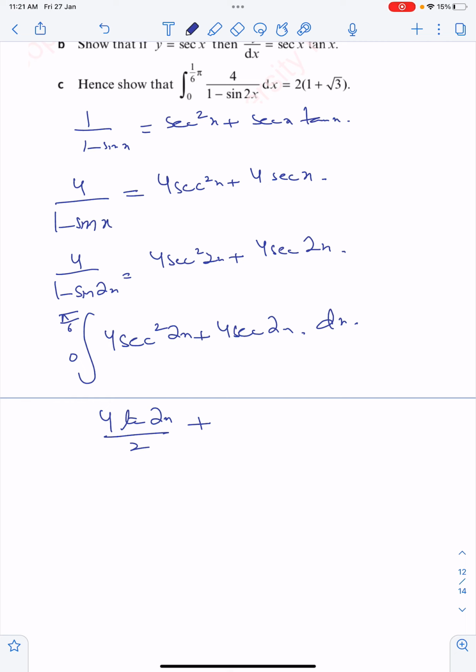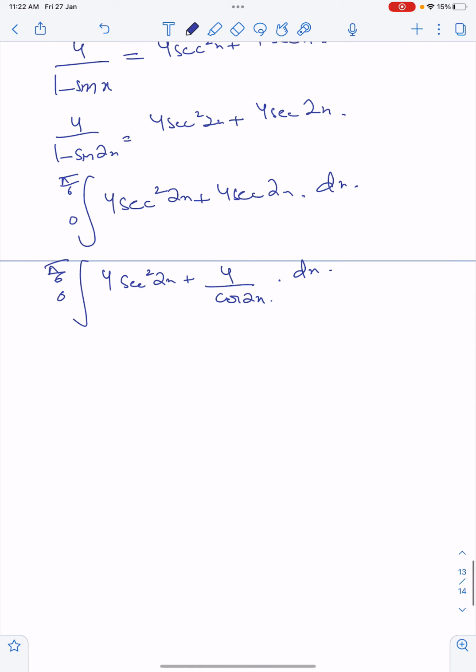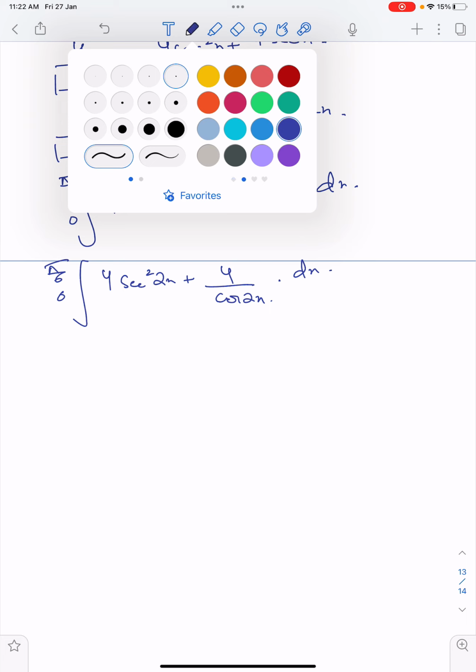Before I start with the integration, let me simplify sec of 2x first. 4 sec square 2x plus 4 upon cos of 2x dx, with pi by 6 and 0 here. Let's start with the integration process, but before that, I'm writing something on this side.